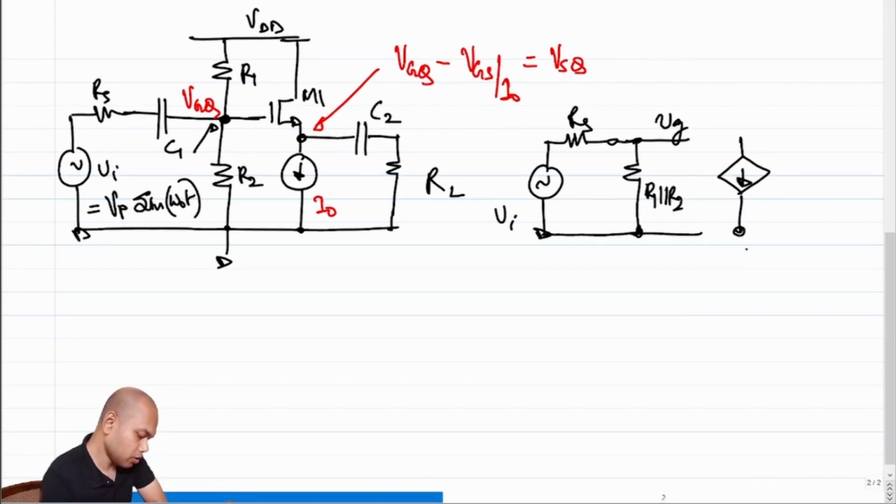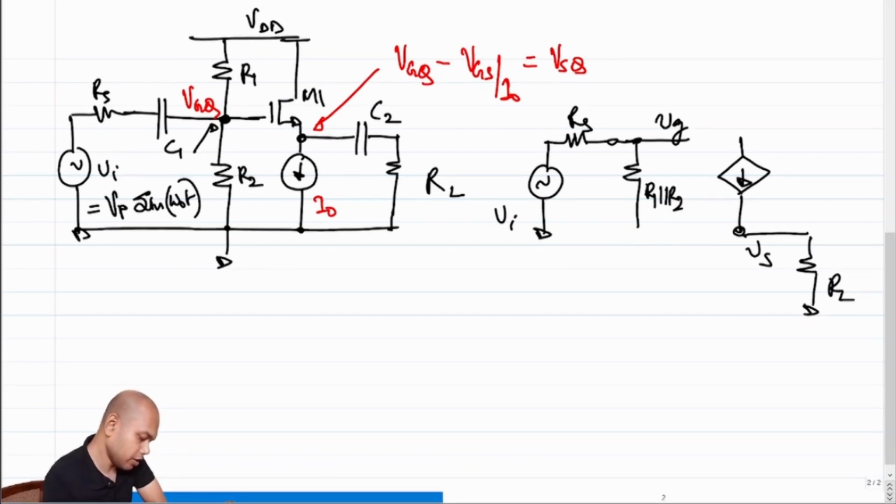This is the source. This is Vs. What is connected at the source? At the source, clearly I have an infinite value capacitance C2 and then a resistance RL to ground. And what happens to the current source I naught? That opens up, right? So I have RL to ground.